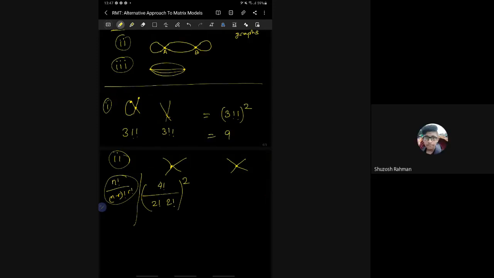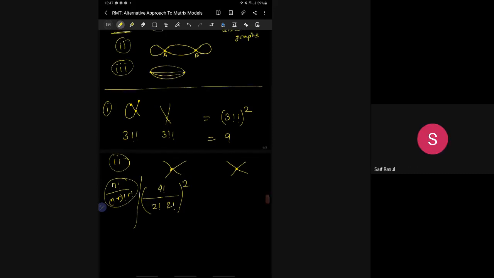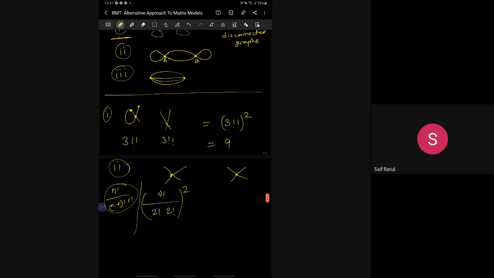Wouldn't it be 4C2 for the first one as well? Because you're again choosing 2 of them in example 1 to connect to each other, and then you're choosing the 2 other ones to connect to each other. Is this going to evaluate to 4 factorial over 2 factorial, 2 factorial? Is this going to be 3 or something? It's a good question, but think of it like this.